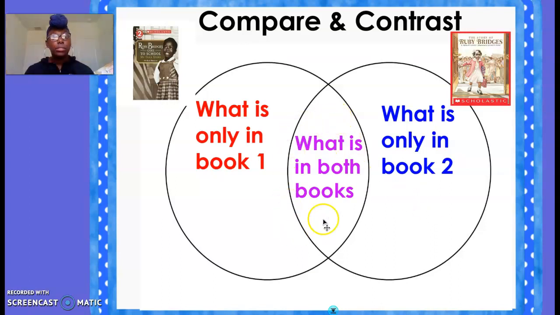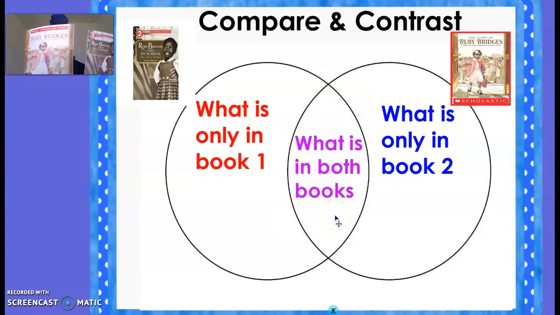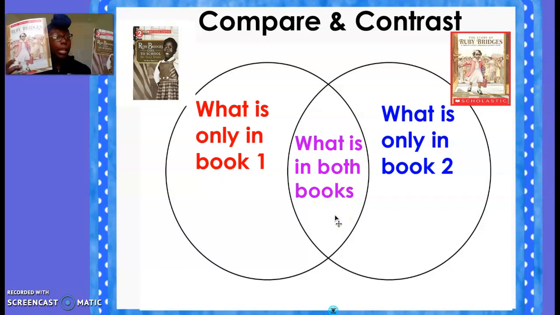Now in the middle, I'm giving details and I'm comparing what is in both books. So one easy thing to put that's comparing in both books, well, both books are talking about Ruby Bridges and her life. So I know that both books have details about that, but today we're trying to see what is unique in this Ruby Bridges book and what is unique in this Ruby Bridges book.